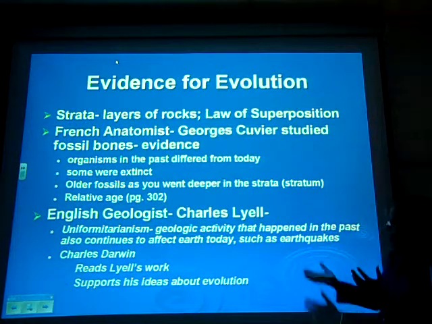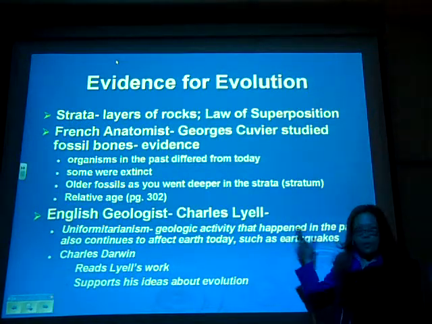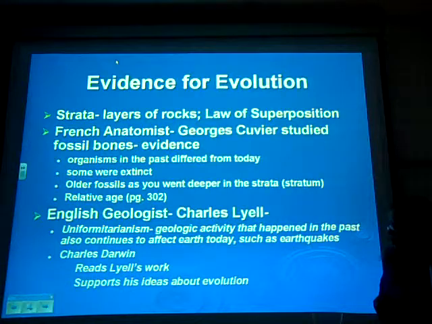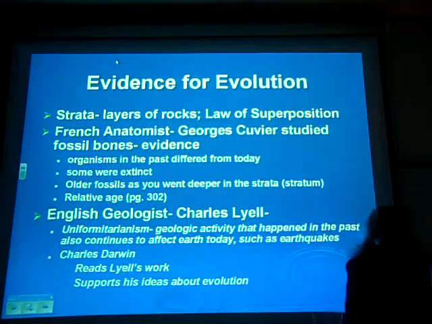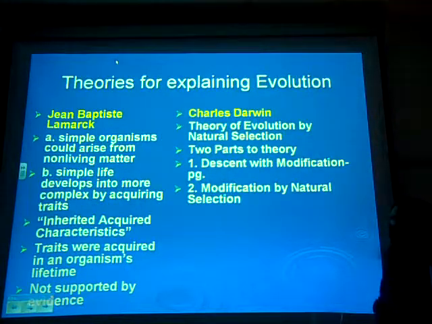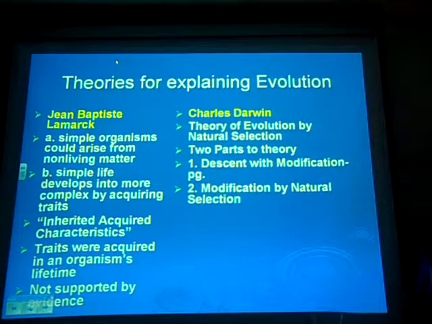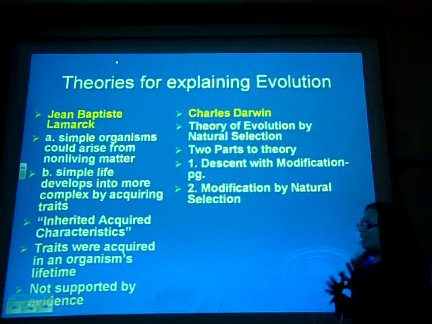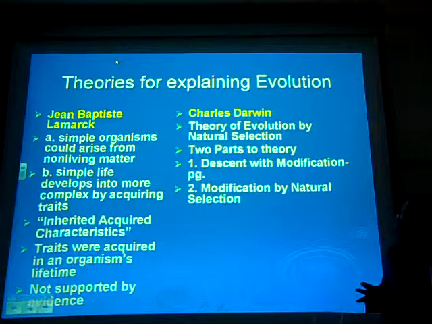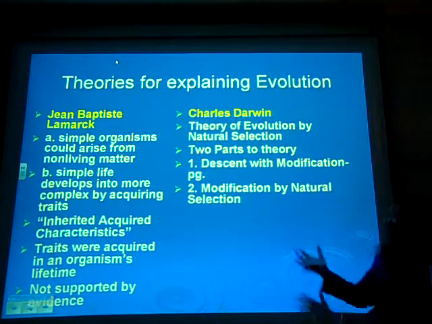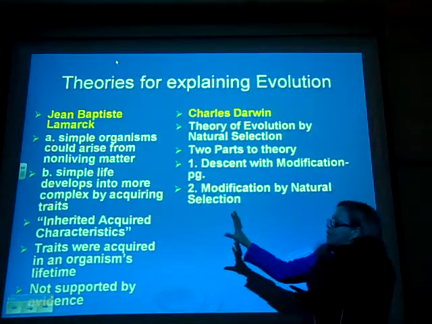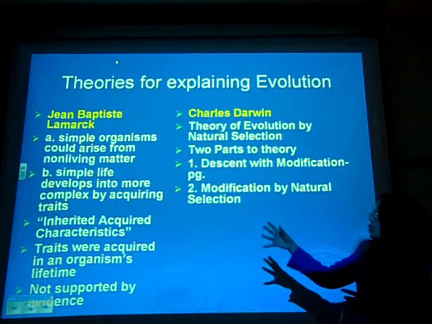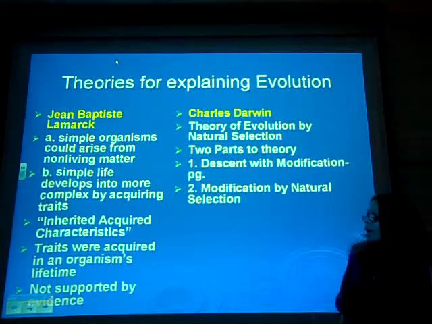Those changes are such as earthquakes that you may have studied in geophysics. And I said to you that there were other scientists that have tried to explain evolution. There's one scientist specifically that we want to bring to your attention, Jean-Baptiste Lamarck.